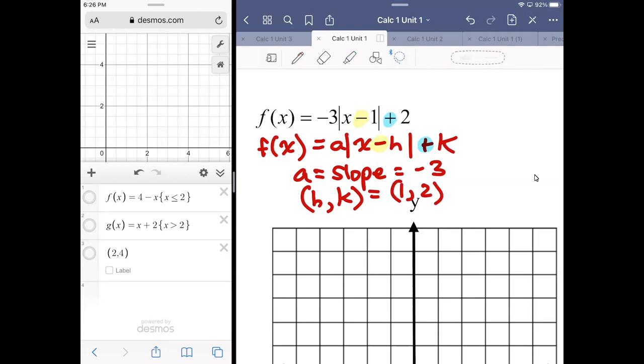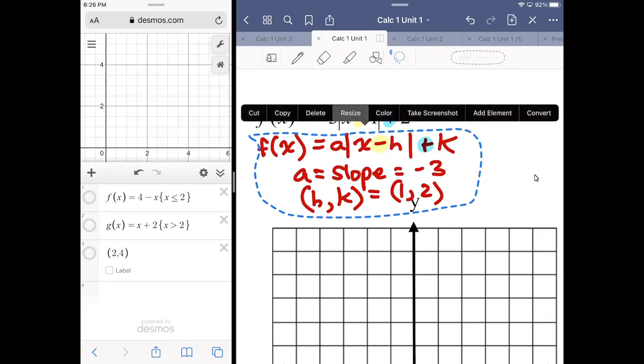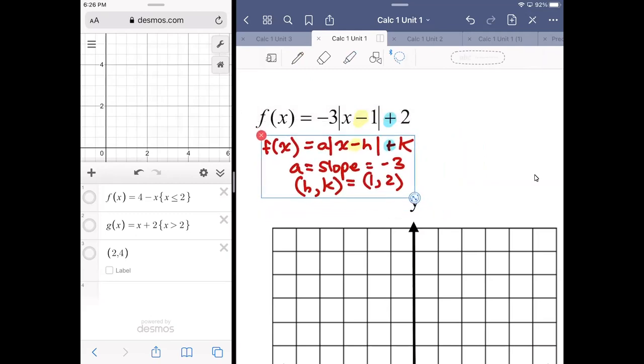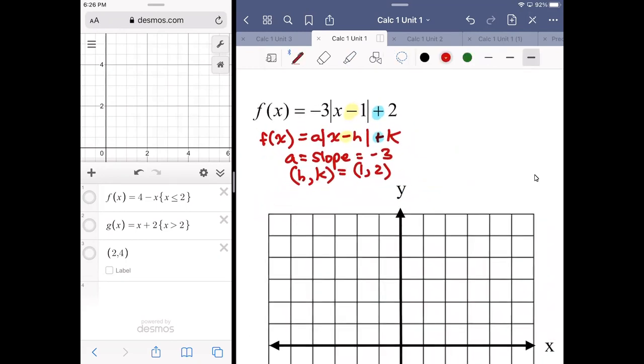All right, so what we're looking at here is an absolute value function whose vertex is (1, 2) with a slope of -3. Now that negative just gives us direction. That means that it opens down.